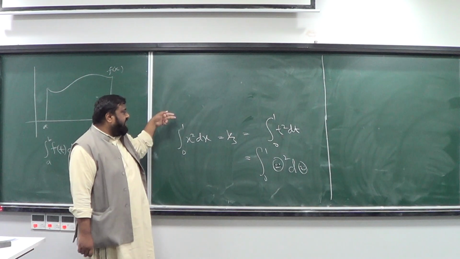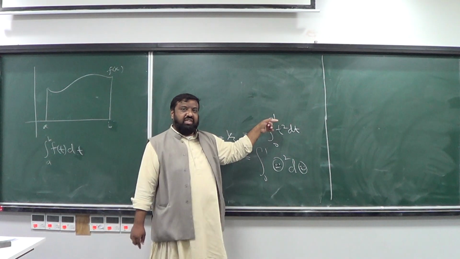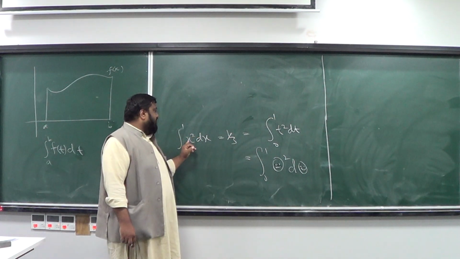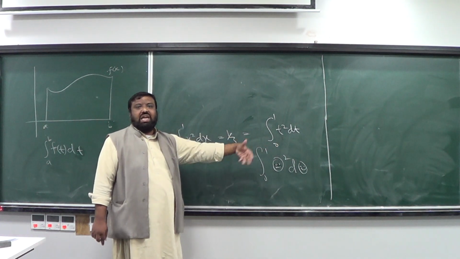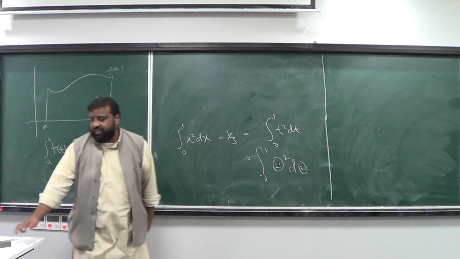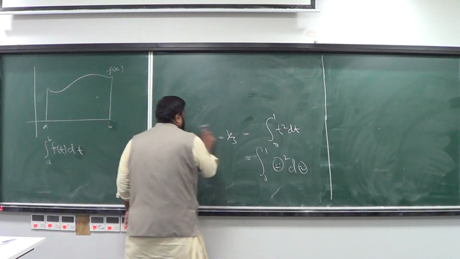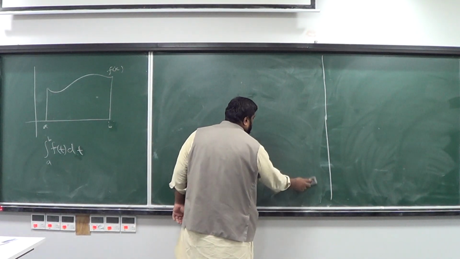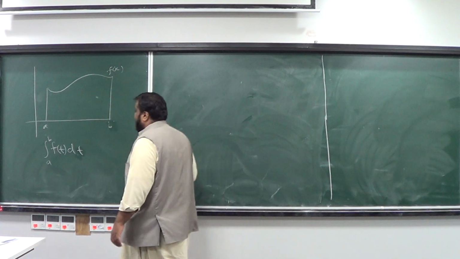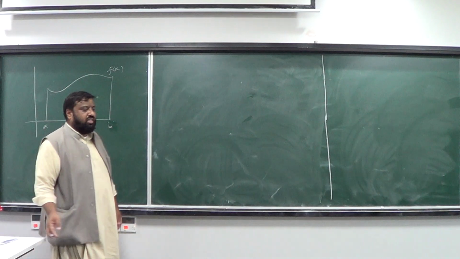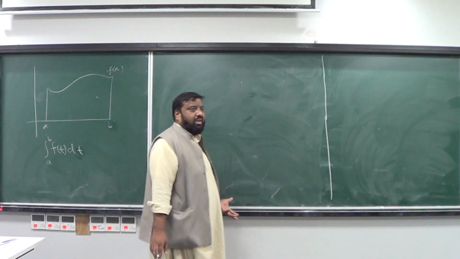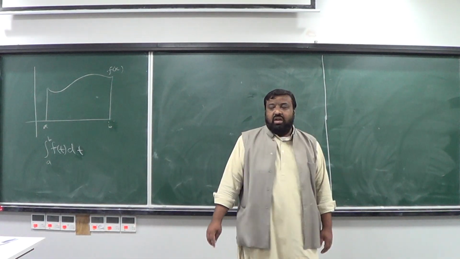So in a definite integral, the change of the variable does not change the value of the integral. It stays the same. Don't get used to doing mathematics in terms of any one particular variable.